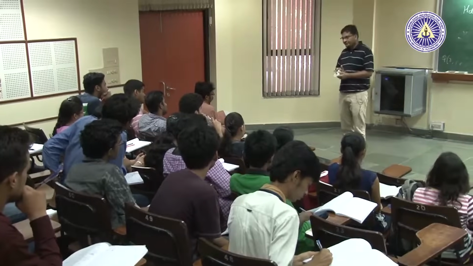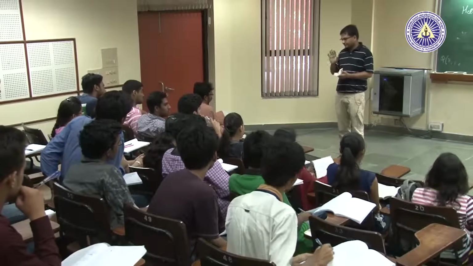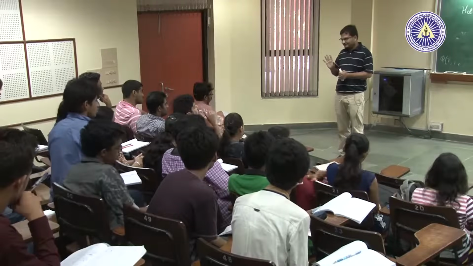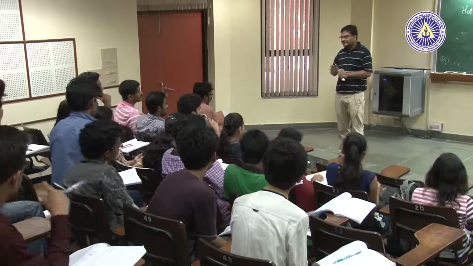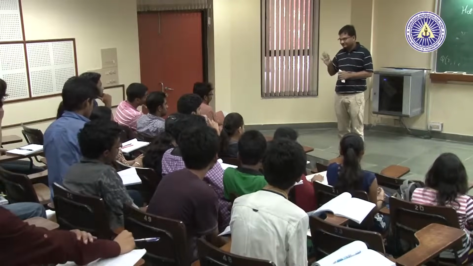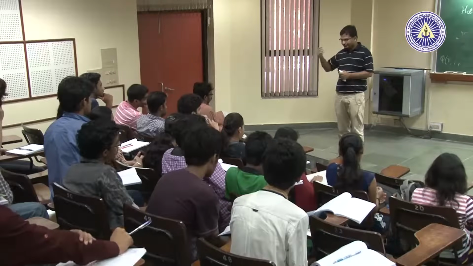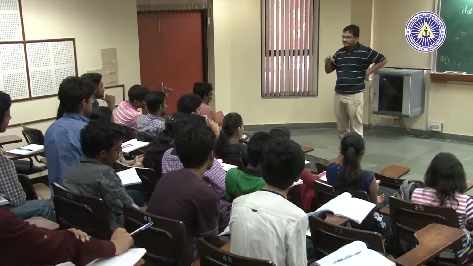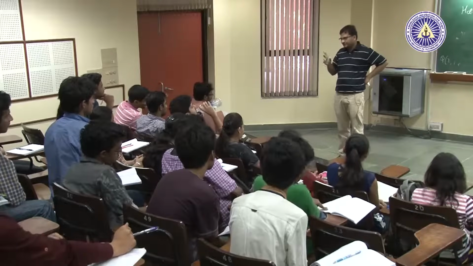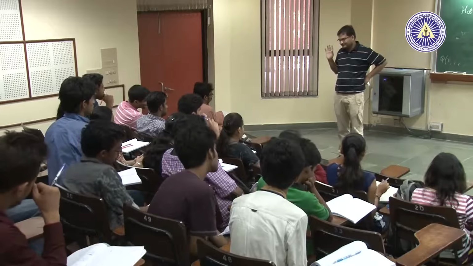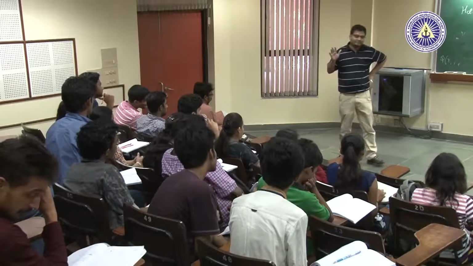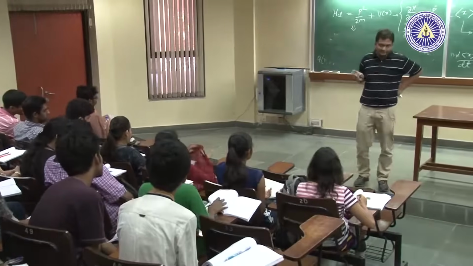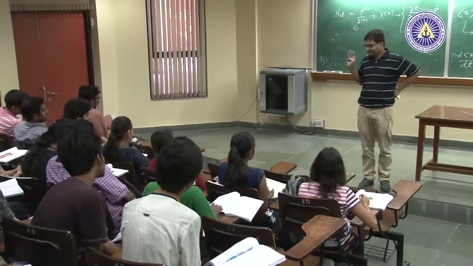T plus V will always make sense for energy, whether conservative or not. The whole point is whether energy is conserved or not. If not, then it will not make sense to write the equation of motion in this form. Now quantum mechanically, when you are at small domains, most of the forces are conservative. Let me make an even bolder statement: most of the fundamental forces in nature are conservative.